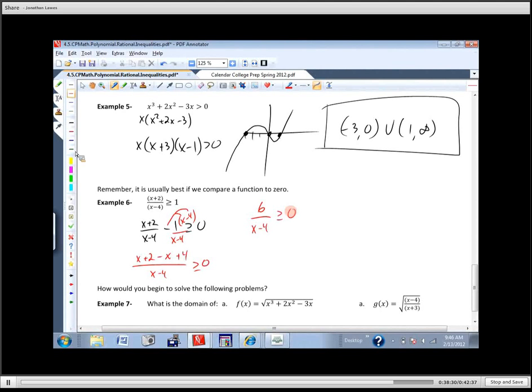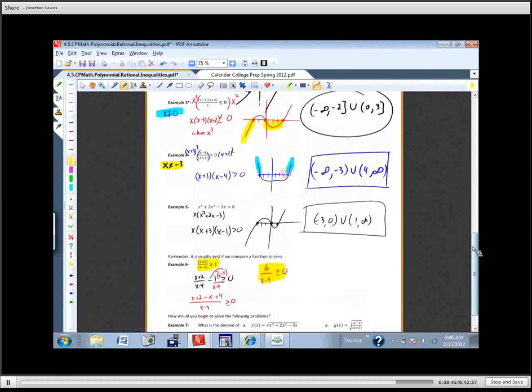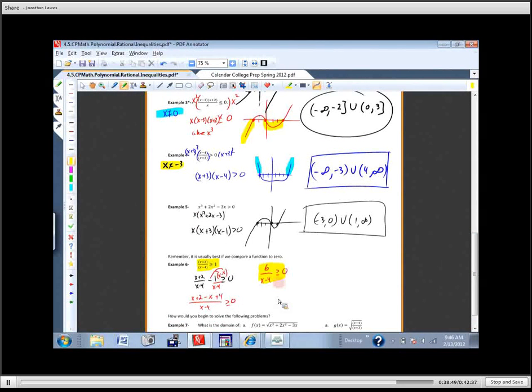So at this point, this and this are equivalent problems. At this point, it's just like the stuff that we did up above, just like these guys up here, okay? So if you were going to solve this one right here, what's the first thing you'd want to do?